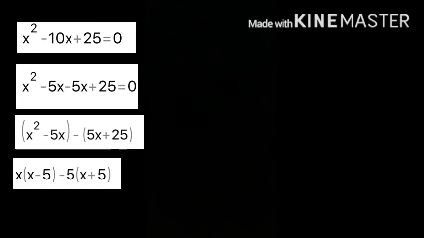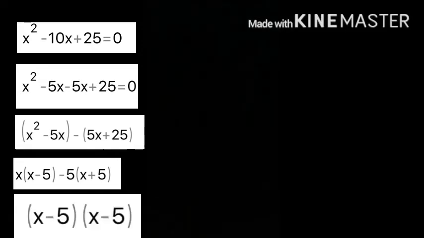So now the equation will be x times x minus 5 minus 5 times x minus 5. We add the similar terms and we come up with x minus 5 squared, or x minus 5 times x minus 5.